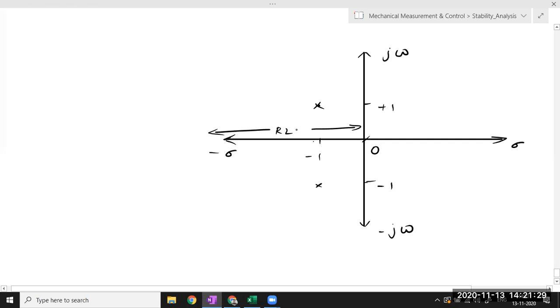There is no issue of an RL region here. Now, we need to find the breakaway point. One more thing we can do: this was 0.67, right? Which is equal to what? Sigma centroid. Centroid.